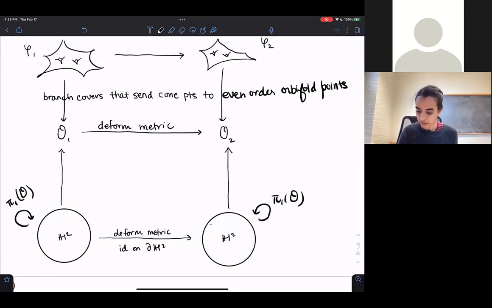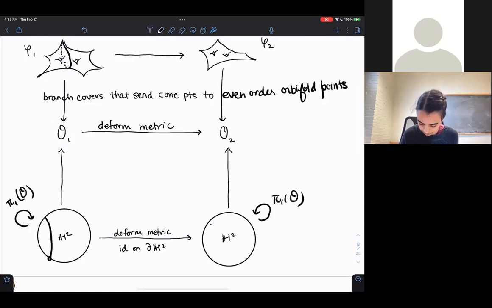Now suppose I had a geodesic on my surface that goes through a cone point. Because this branch cover sends the cone point to an even order cone point in O1, when I lift, first I'll send this geodesic down to O1 and then I'll lift it here. Here it is.